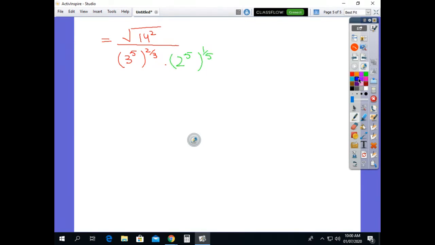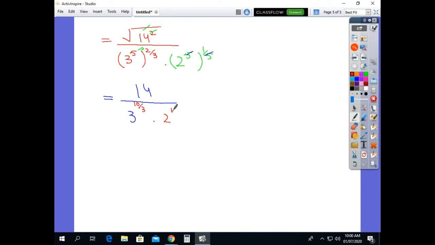In the next step, we cancel out the square with the square root, and 5 with the fifth root, and then simplify it. The next step is 14 over 3. If we multiply 5 with 2, it becomes 10 by 3, and here we have 2 raised to power 1.